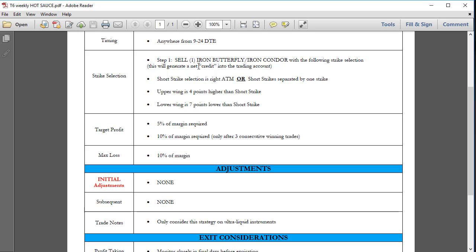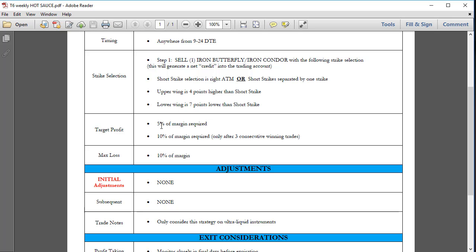But notice you will receive a credit into your trading account, and so that will require you to post margin to keep that trade open, but the net result is a credit into your account. So your job is to keep as much of that credit as possible, but at some point you're going to have to buy it out, which will result in a debit from your trading account.